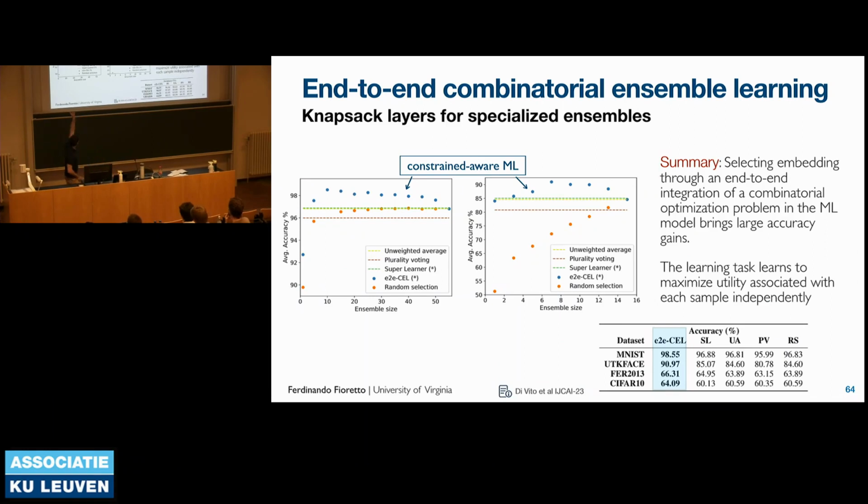So here we're showing again in blue the constraint-aware solution. The y-axis is the quality that you're obtaining, the average solution accuracy, with respect to a number of heuristics as well as state-of-the-art models. And so here you can see that by varying the ensemble size, you find solutions that are typically much better than the solutions that you can find by normal, regular voting schemes or super learners.